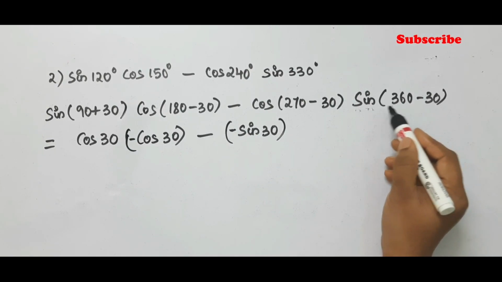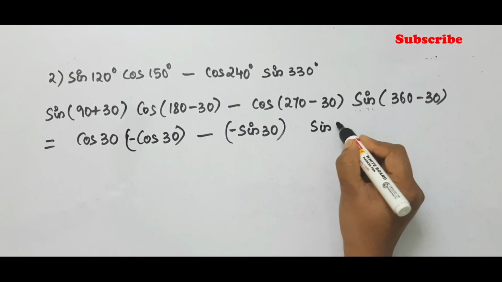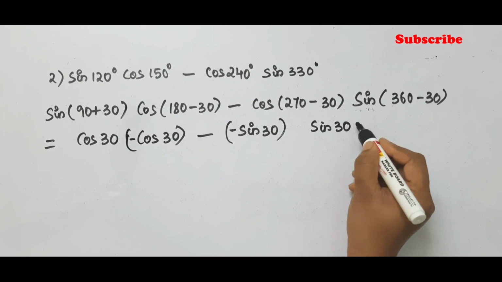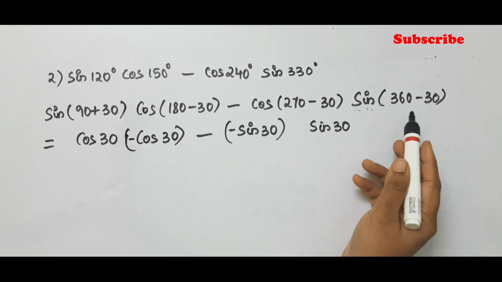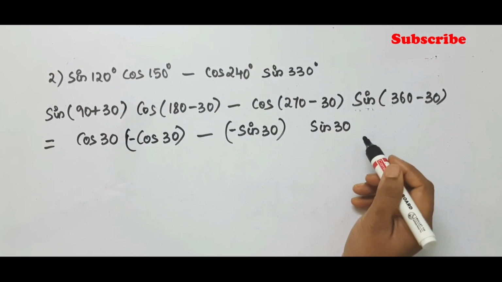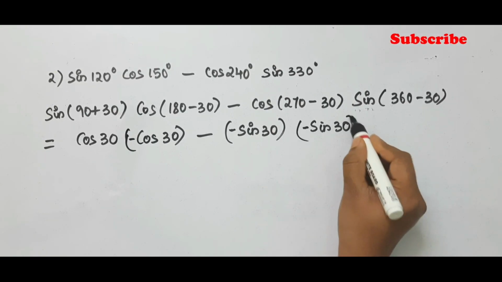So for sine of 360, sine will remain as sine only. So sine 30, and 360 minus 30 means it will be in the fourth quadrant. In the fourth quadrant, cos and secant will be positive, the remaining all will be negative. So this will be minus sine 30.